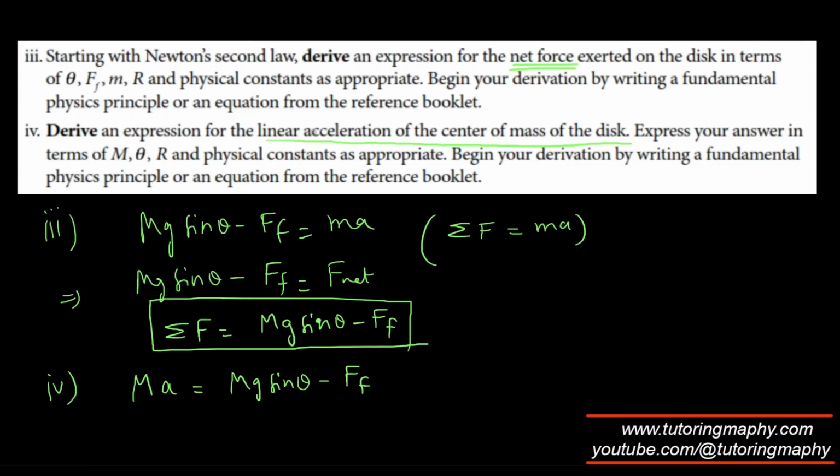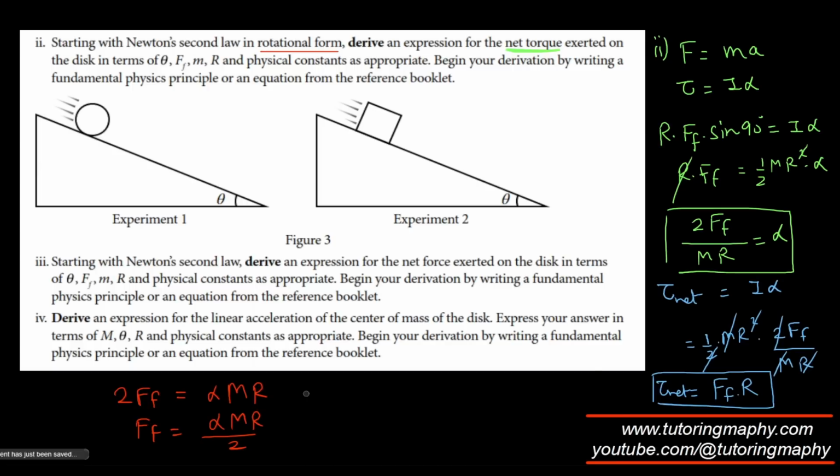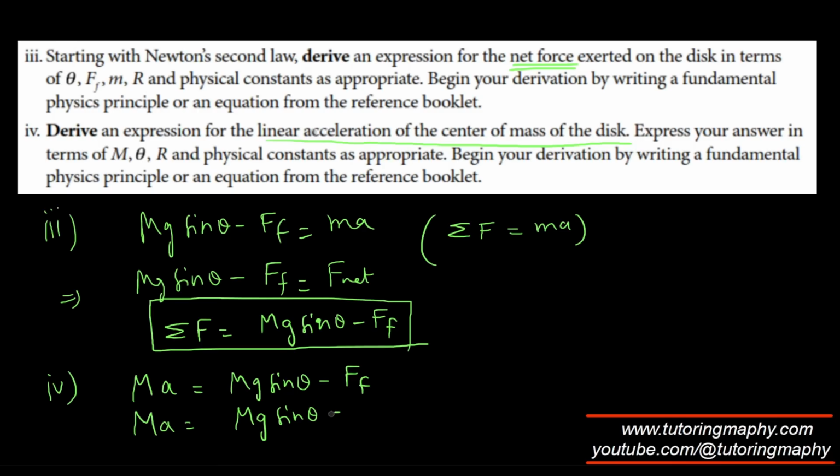So I'm going to replace this FF with alpha MR over 2. M and M is gone. And we have a relationship that alpha is nothing but A over R. That is a relationship between alpha and R.